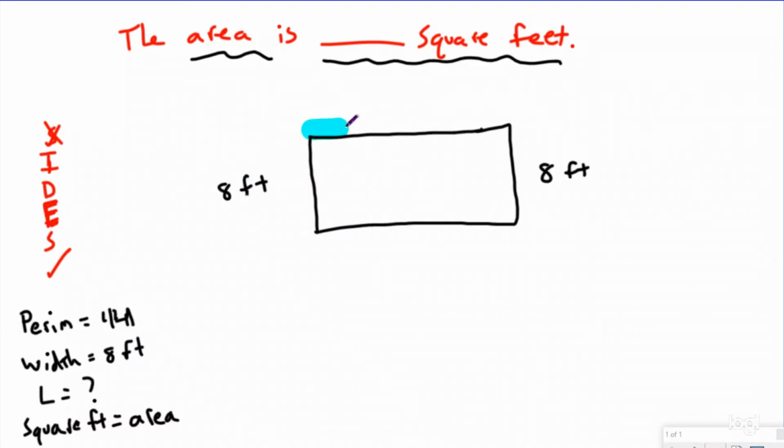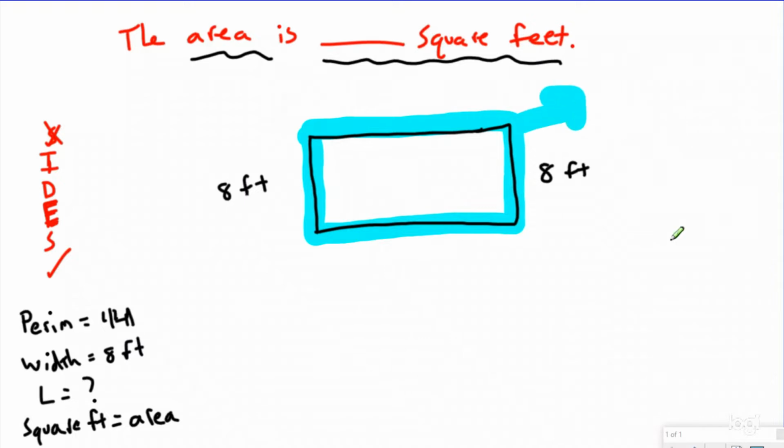I also know that the perimeter, or the measure around, which is really what that word actually means, equaled 44 feet, right? And I'm looking for the area. Now what I don't have is my length, and I don't have my area.